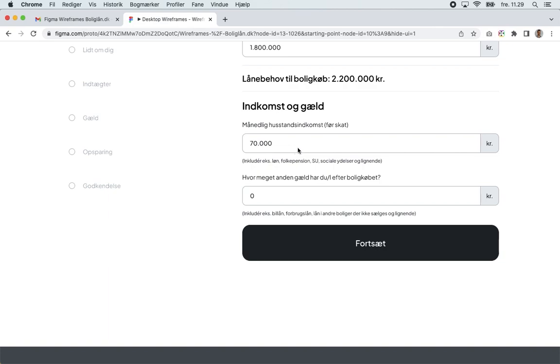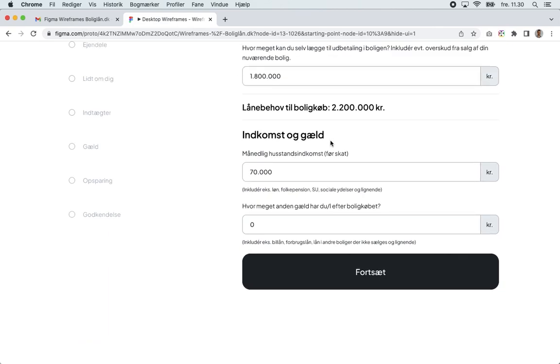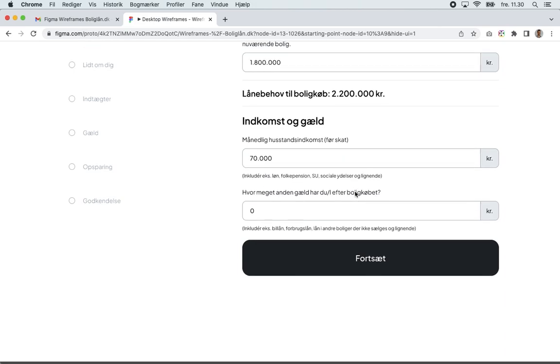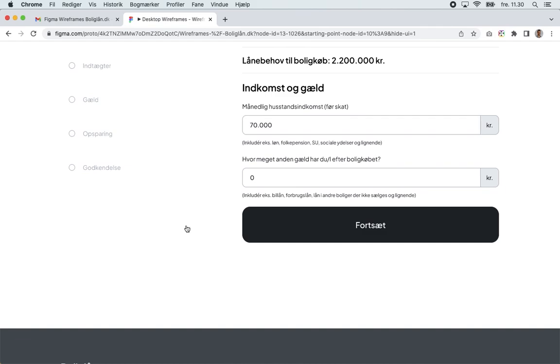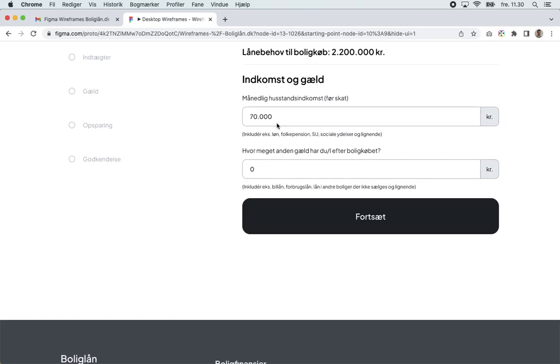And if it's only me or the whole household. To be honest, I don't know. I'm such a noob. I'm not sure with all these terms. That's important. There's a risk that maybe I'll include my pension in this one. Yeah, includes folkepension.